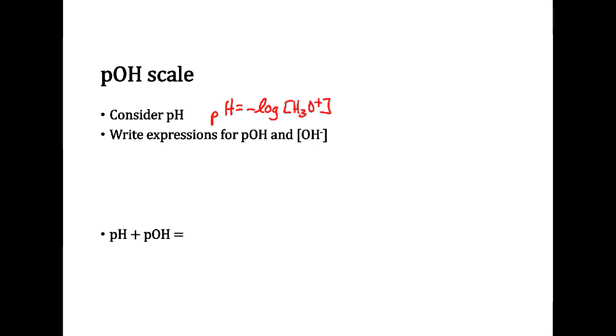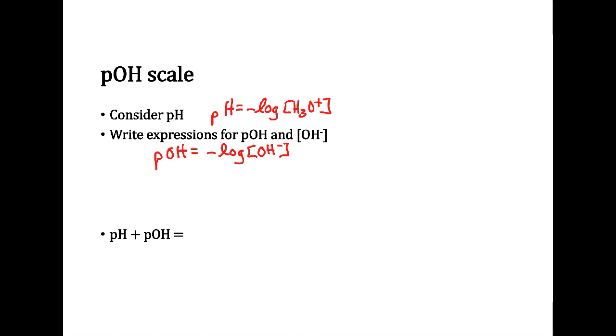So now we're going to go through and try to compare this to the hydroxide concentration instead of the hydronium concentration. So pOH is going to be equal to the negative log of the concentration of OH minus.